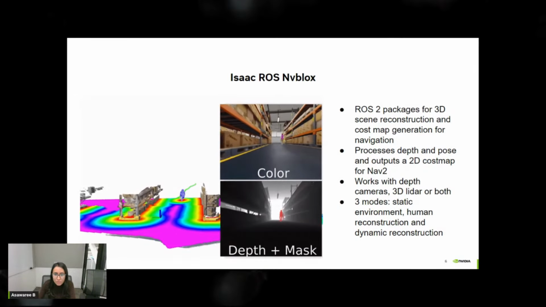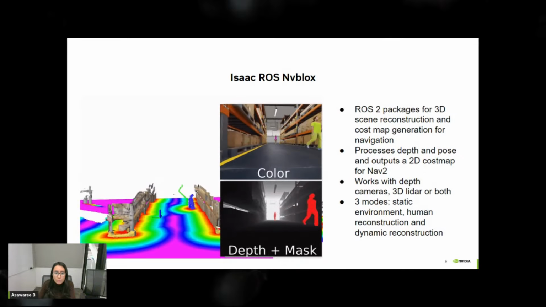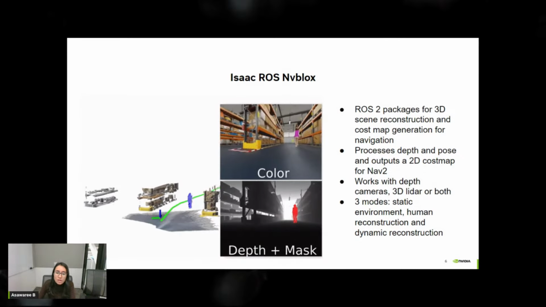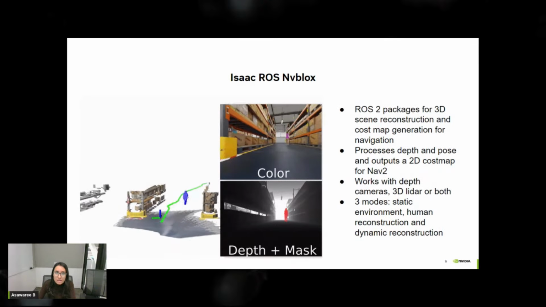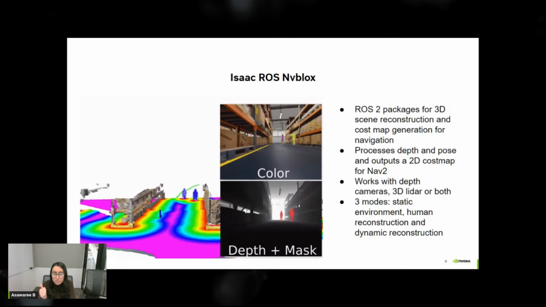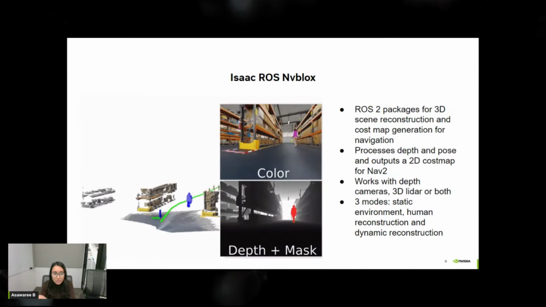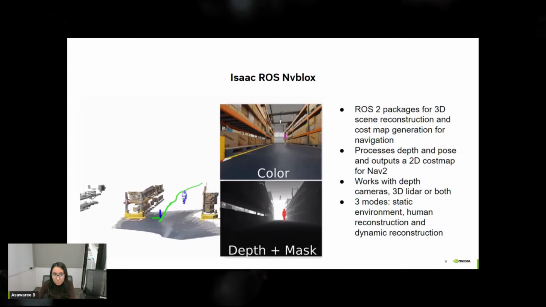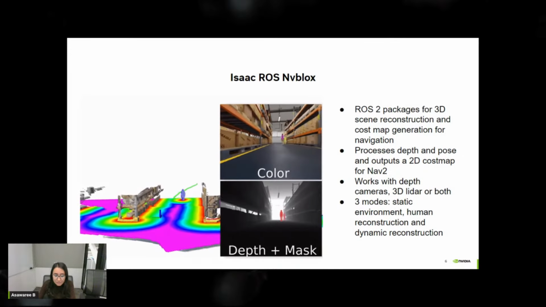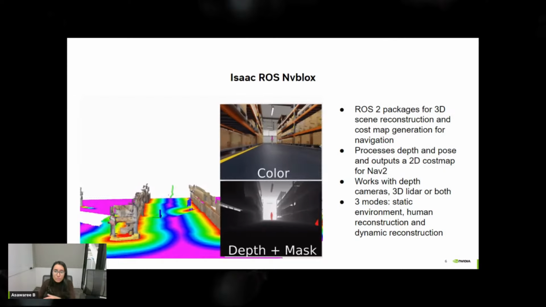I'll give you a quick overview of what Nav2 is and what a cost map is, for those of you who may not be familiar with those terms. Nav2 is the standard ROS2 navigation framework that provides perception, planning, control, localization, and everything you need to develop an autonomous system. A cost map is the representation of the current environment in the form of a 2D grid.